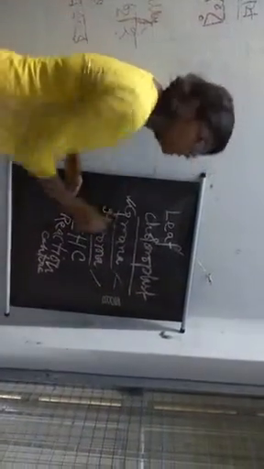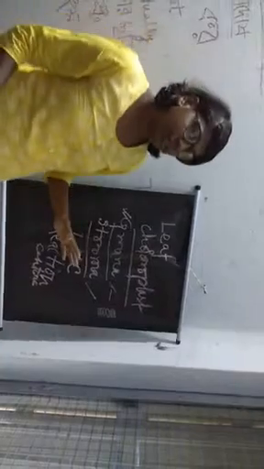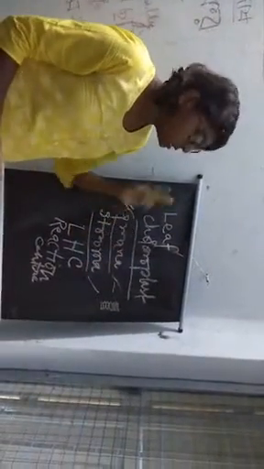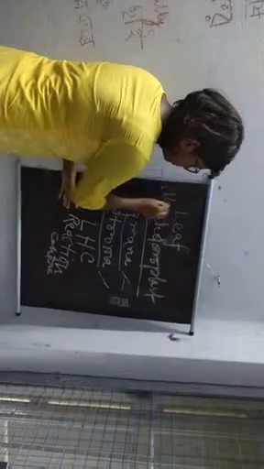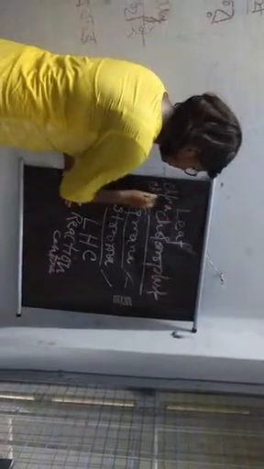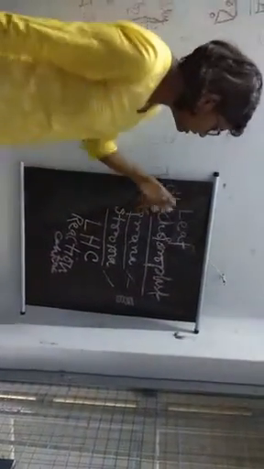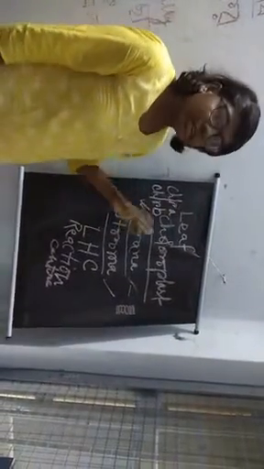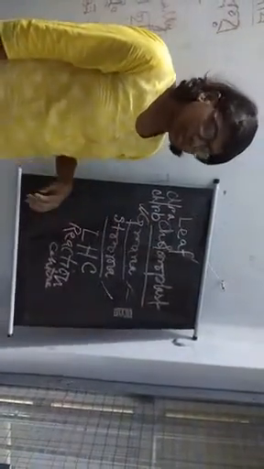So there are different kinds of chlorophyll, but to perform photosynthesis there are these two, chlorophyll A and chlorophyll B. These two chlorophylls play the main role in the process of photosynthesis.